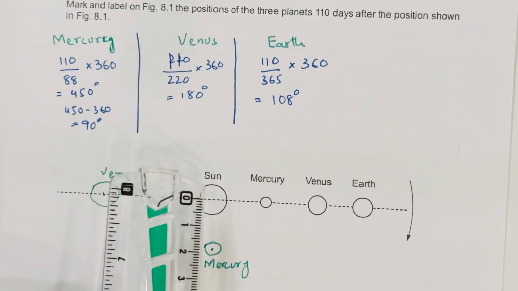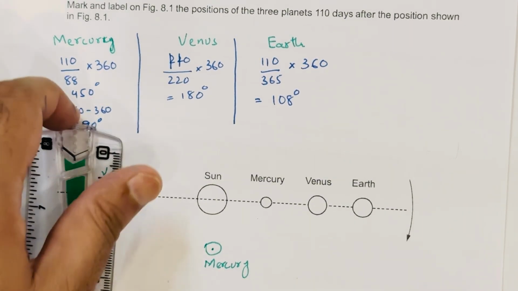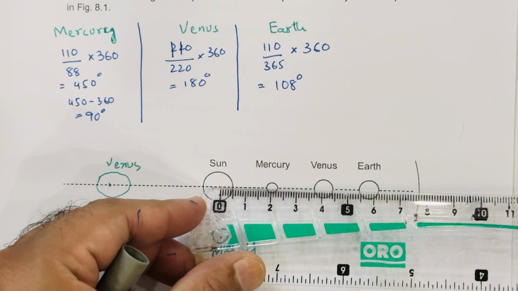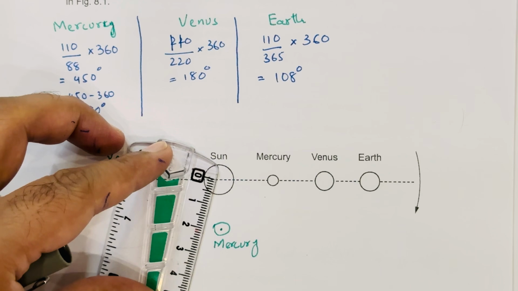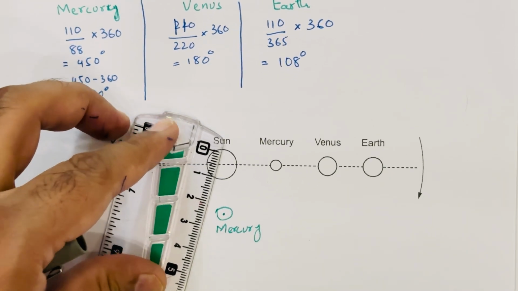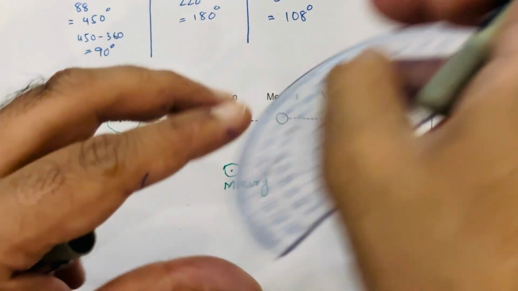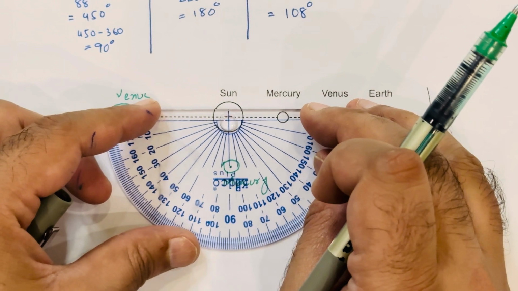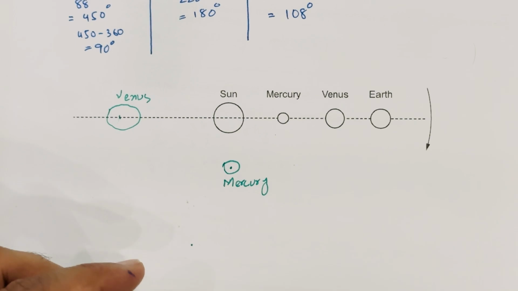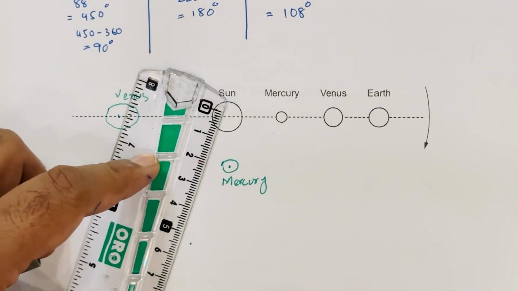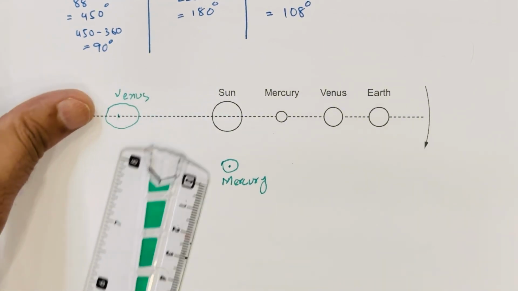Now our planet Earth, 110 divided by 365 is the time, then multiply by 360, it would be 108 degrees, and 108 degrees would be relatively over here. So you can first note the distance, that is almost equal to 6 centimeters. So you can draw 108 degrees from here, and you can see that this is 90 degrees, and this is 108, and for 108 you have to draw 6 centimeters from here to show our Earth, that would be here.